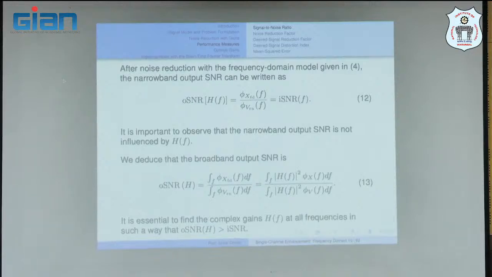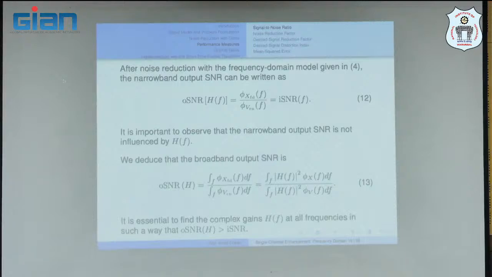So you see that if I give you an example, suppose that I have a desired signal, and the signal to noise ratio in each frequency is different, okay? So when I multiply each frequency by a certain number, complex number or even real number, I cannot change the SNR in that frequency.